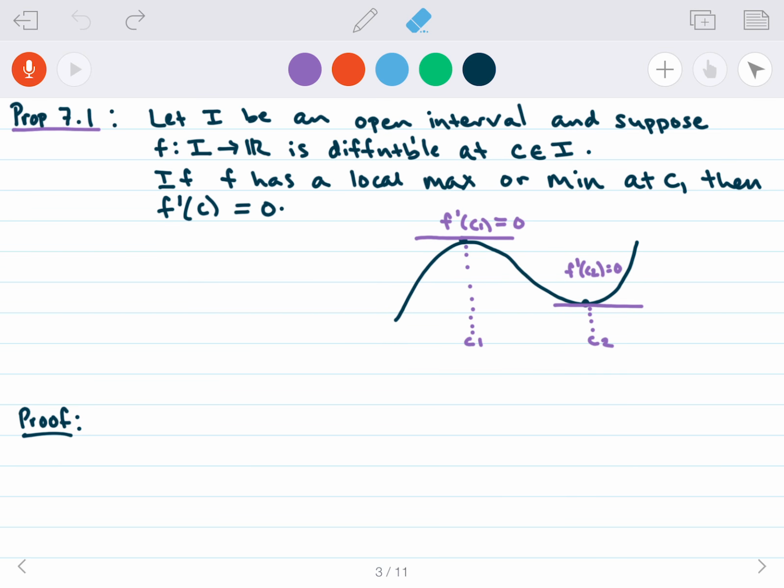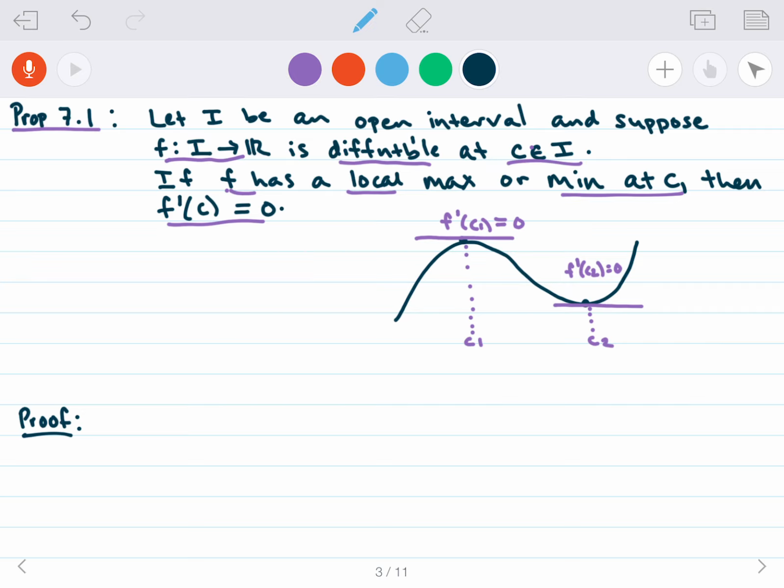So let's prove this proposition, 7.1. Suppose I is an open interval, and suppose we have a function from that interval to the reals. Suppose further that it's differentiable at c in this interval. Our claim is that if f has a local max or min at c, then f prime of c has to be 0.